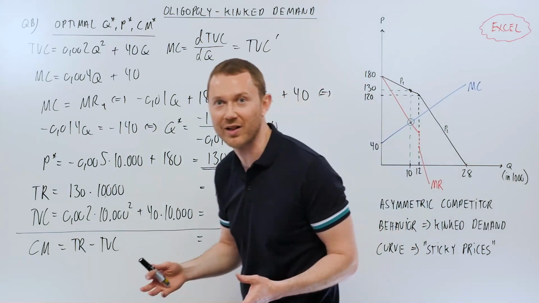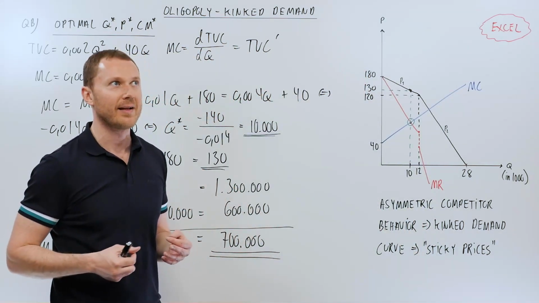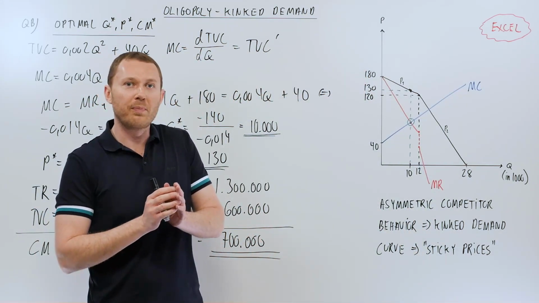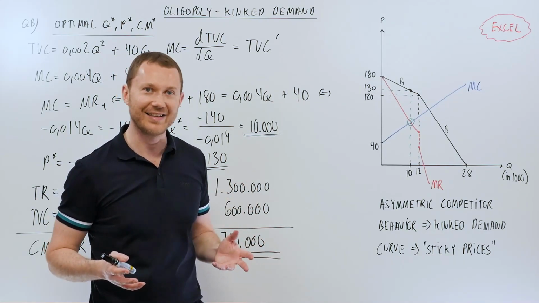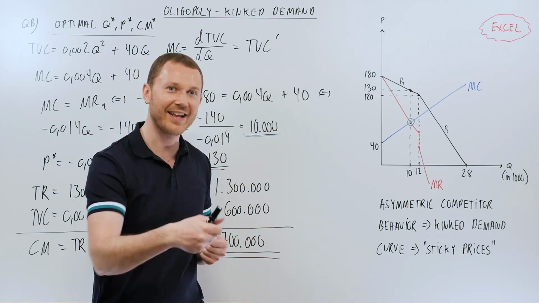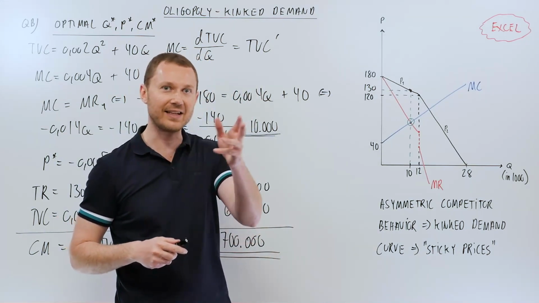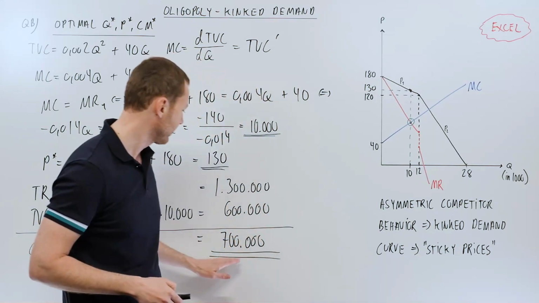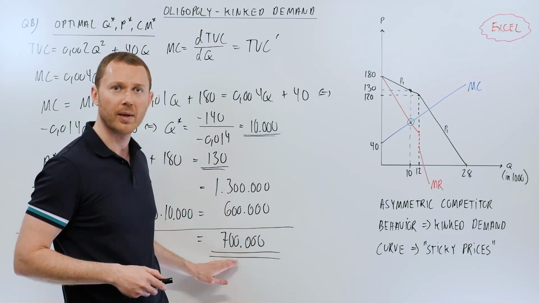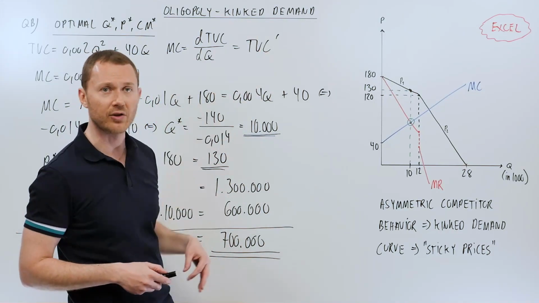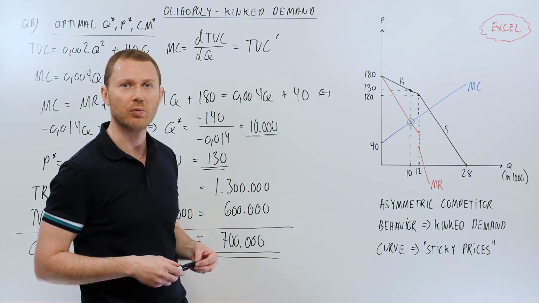That is so typical and you'll be so irritated with yourself if you hand in the exam and you talk with your fellow students and they say to you, oh, did you also get the 700,000 in the problem with the king demand curve? And then you say 700,000, why?